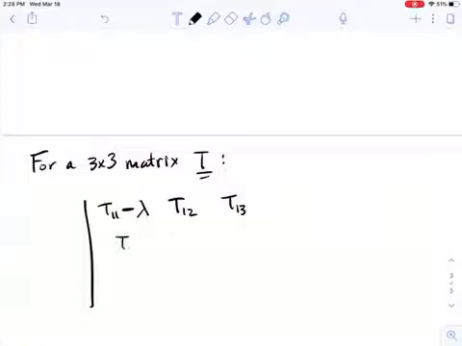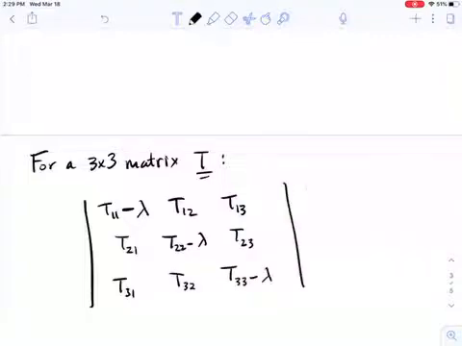And then we have a T21, and then we have another diagonal, so we subtract off a lambda. Then we have T23, T31, T32, and then our last diagonal element, we'll have to subtract off a lambda again.